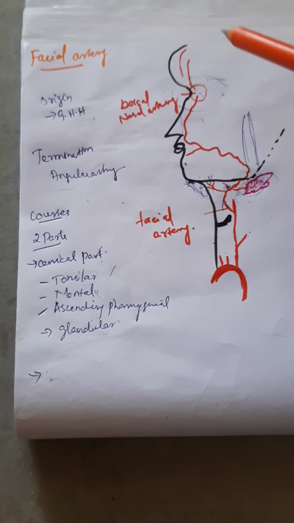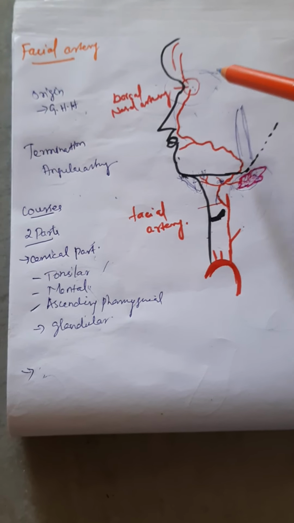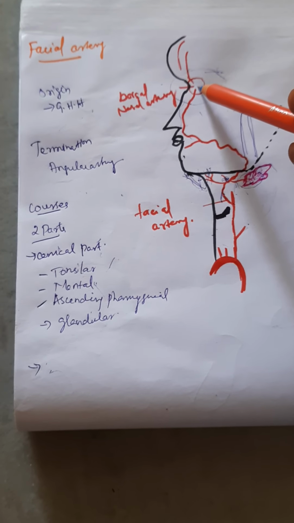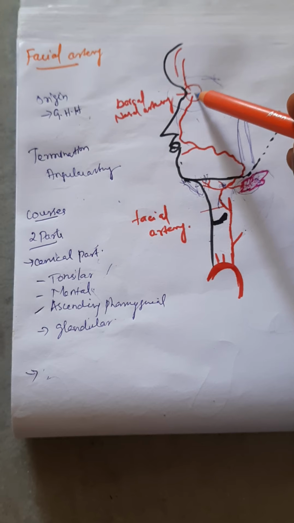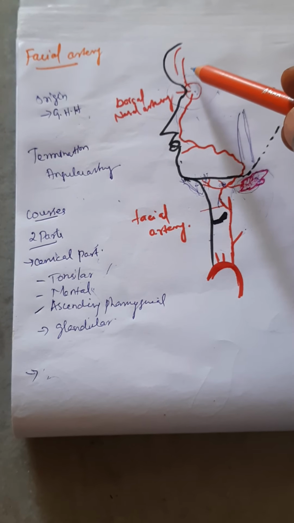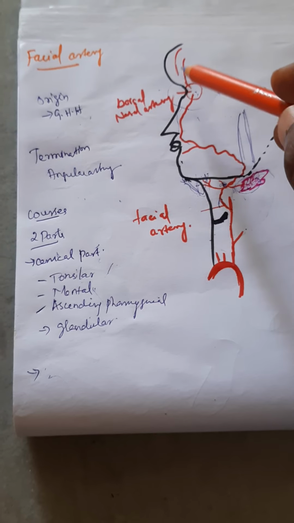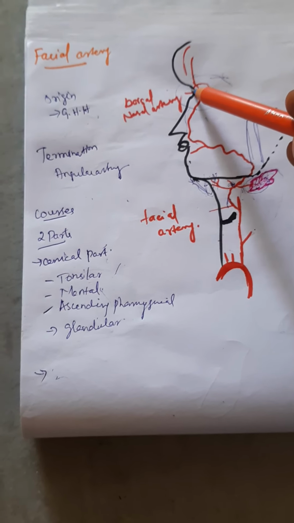The internal carotid artery as well as the external carotid artery anastomose with each other near the medial end of the eye, or the angle of the eye. Both the great arteries, external as well as internal carotid, anastomose with each other. Clear?